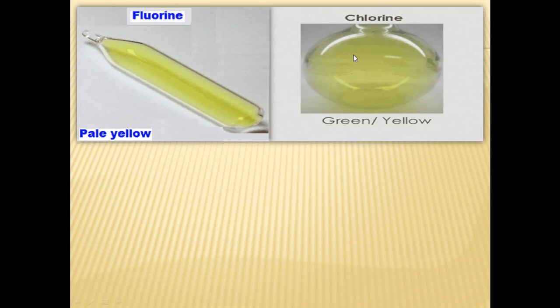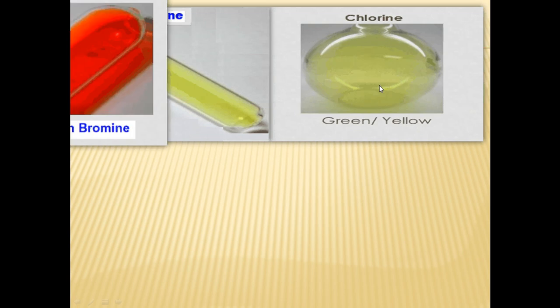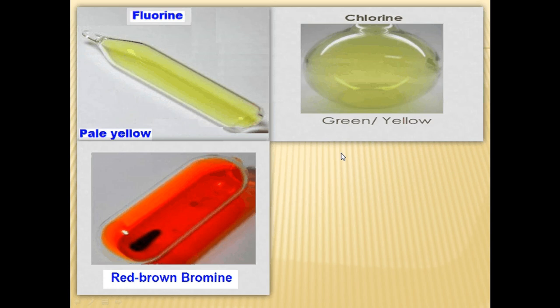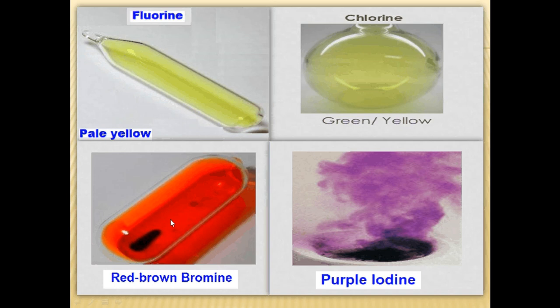In this tube, the green yellow color chlorine gas can be seen. Red brown bromine can be also seen in this tube, and the purple vapors of iodine are shown in this slide.